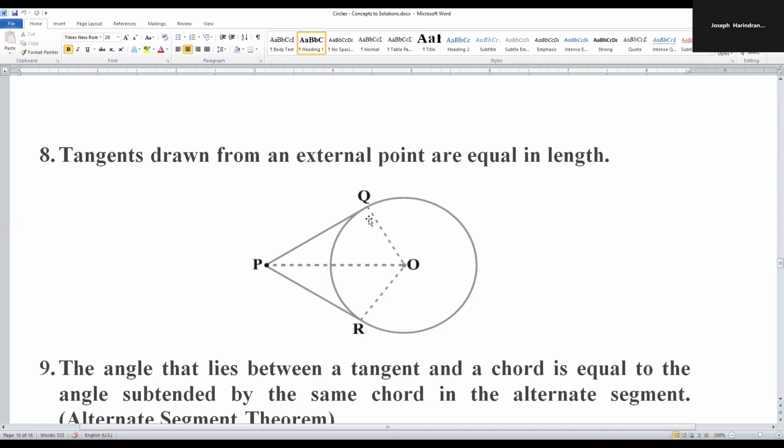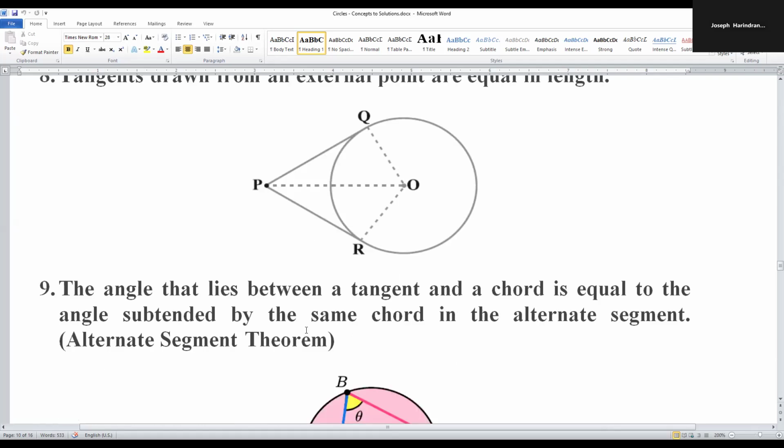So we have the two right angle triangles, the hypotenuse is common, two radii sides are equal, and hence congruence, and therefore PQ is equal to PR by CPCT. That's all. So it can be proved.